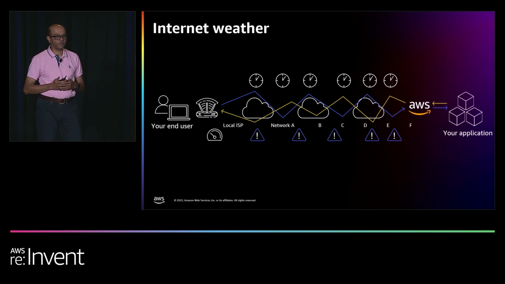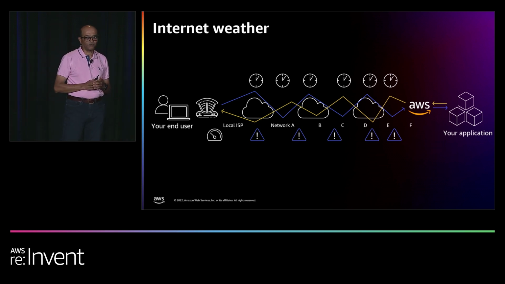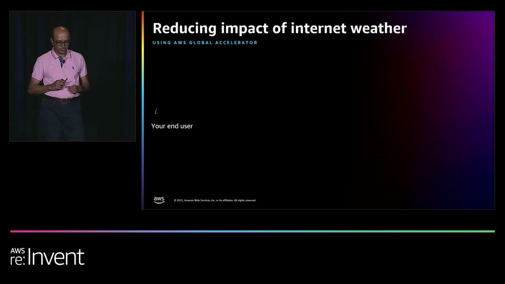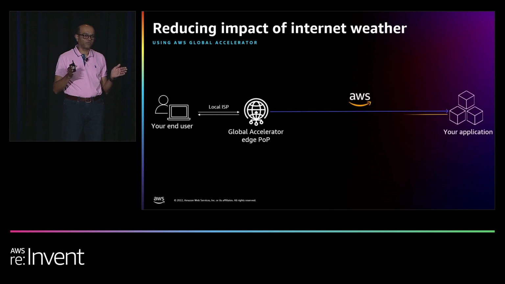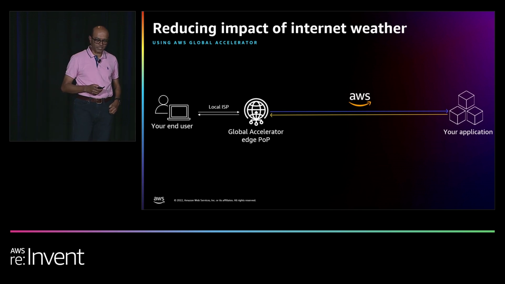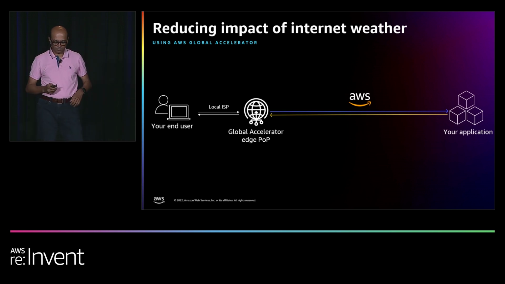Each one introduces different availability characteristics, different additional latency, and the net effect is what we call internet weather, which means there is less determinism in both performance and availability. So Global Accelerator helps reduce the impact of internet weather because your end user traffic is traversing the third-party network over a much smaller duration and over the Amazon network for most of the duration. So the resulting availability and performance of your application in the eyes of your end user improves.